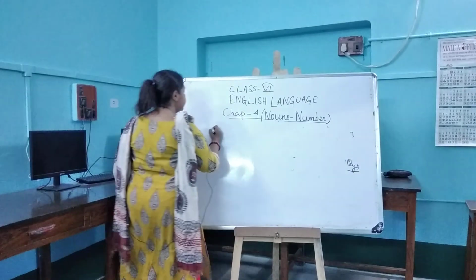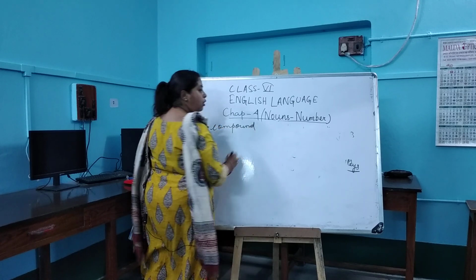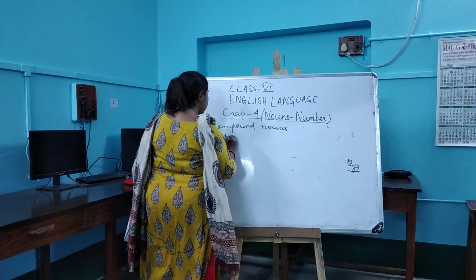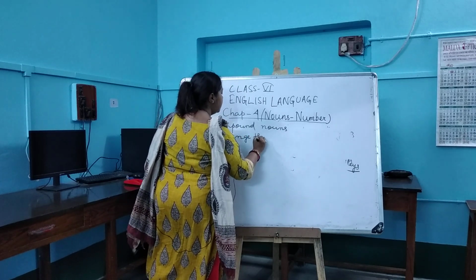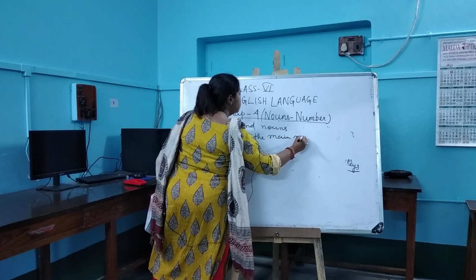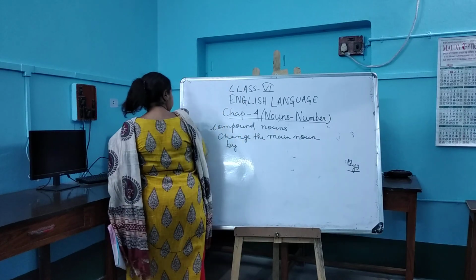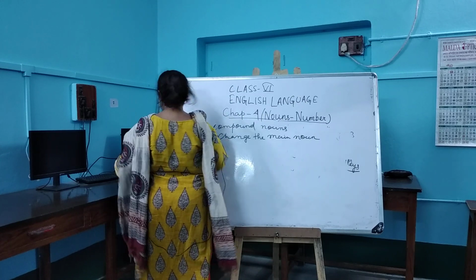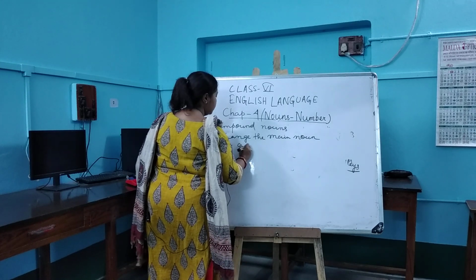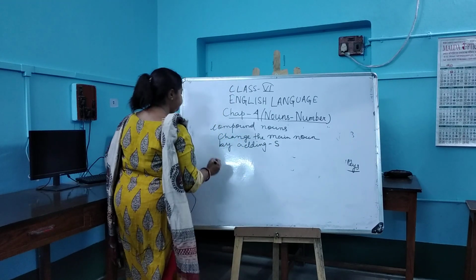In the case of a compound noun, which means made of two nouns, we change the main noun by adding s.